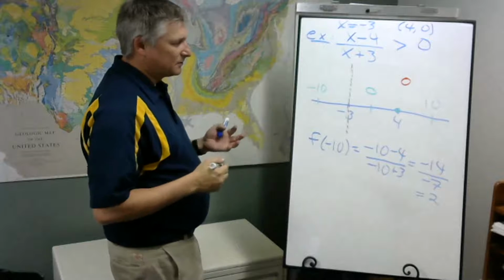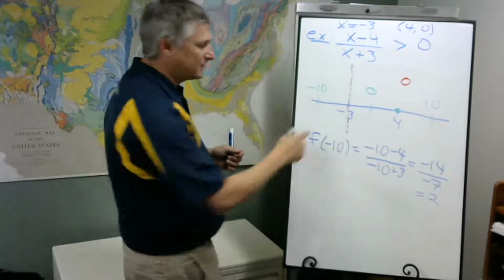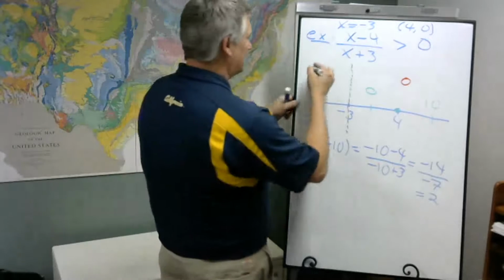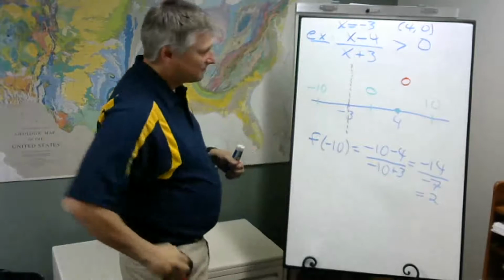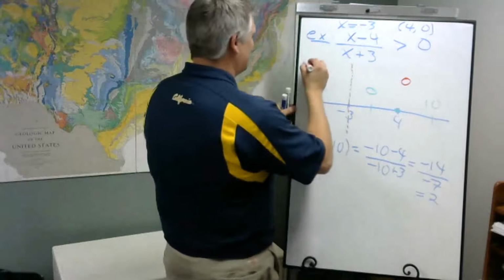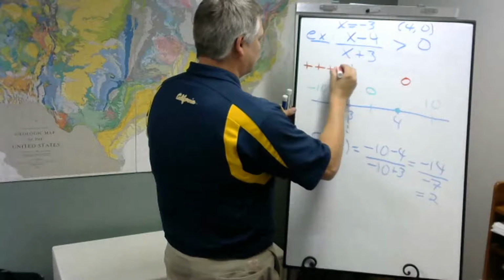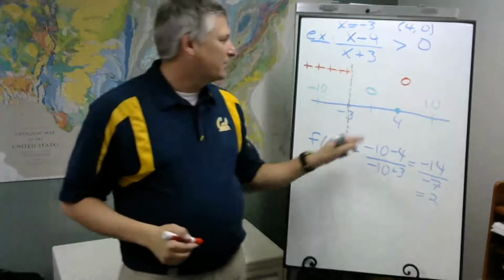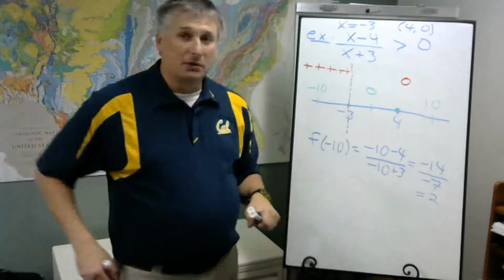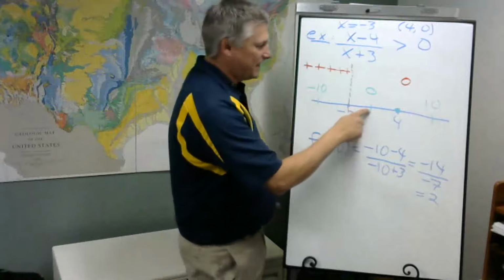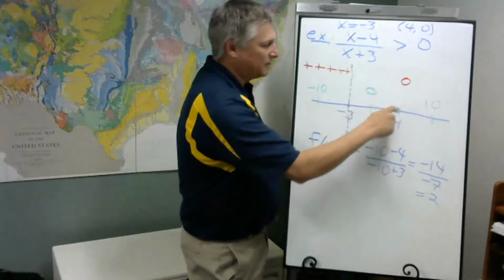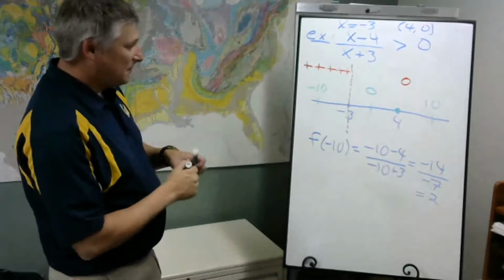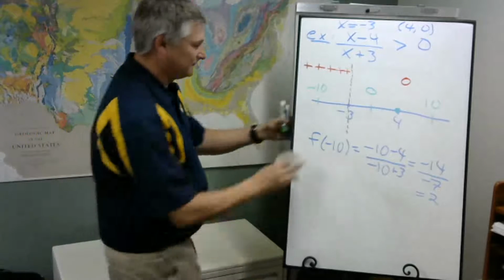So that means the interval containing negative 10, and that interval is going to be to the left of this vertical asymptote, it's going to be positive. So do we see a sign change at 0? Now this is the 0 on the x-axis, while this is the value of the function at 4. f of 4 is equal to 0. So let's find out.